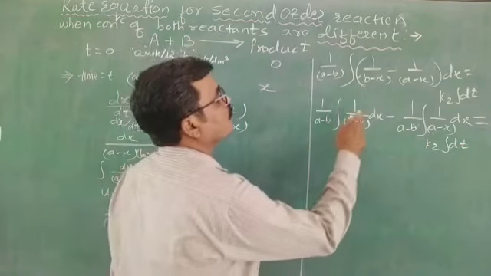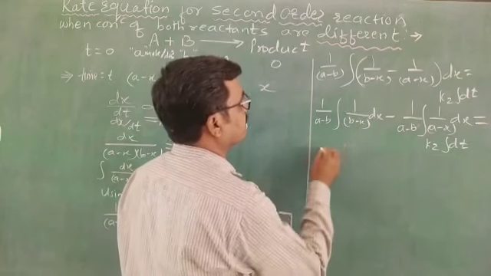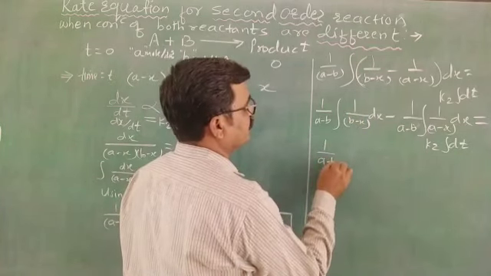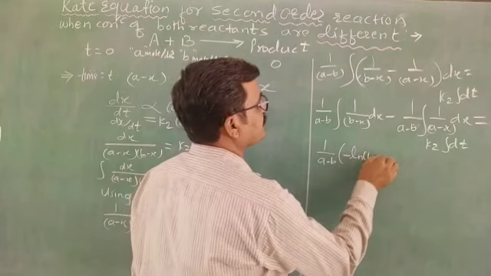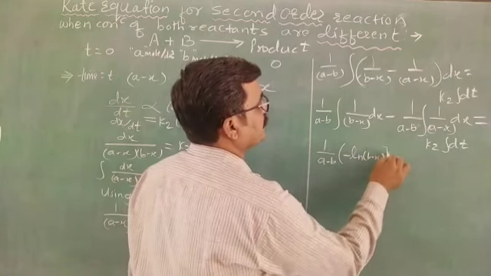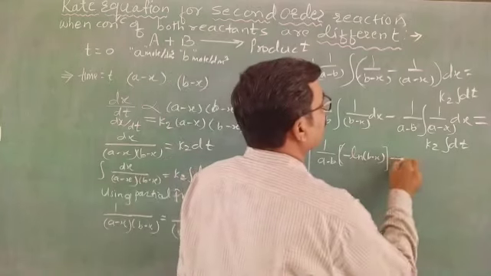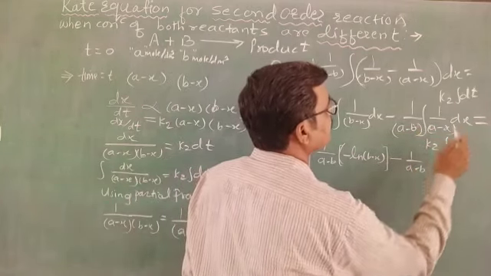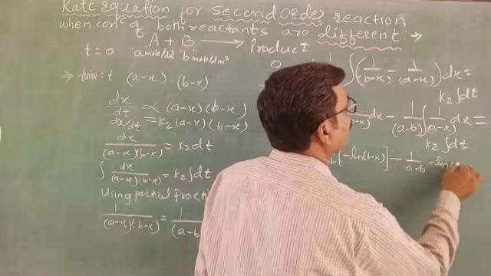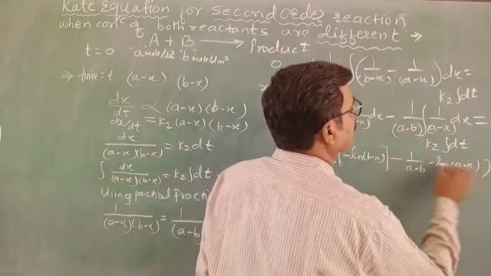Now again, you know the integration of 1 upon b minus x, you know the formula, it will be minus ln b minus x. Now again, for the same formula, a minus b remains as it is, its integration is minus ln a minus x.